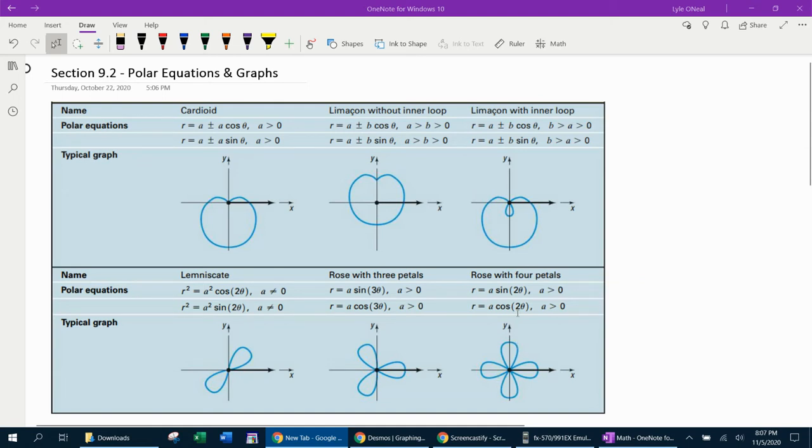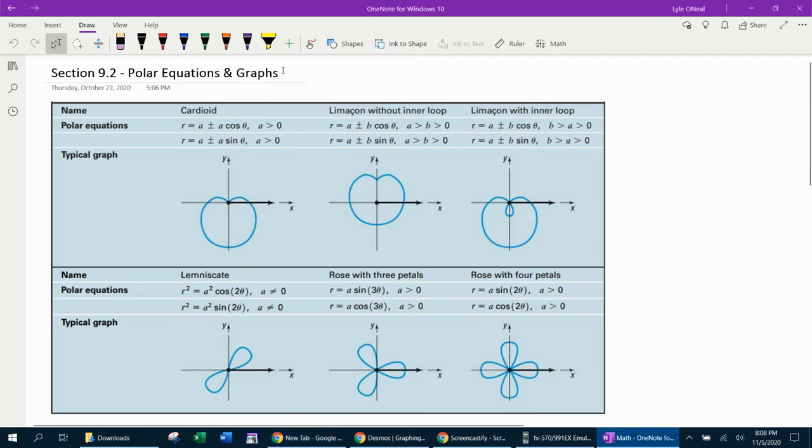So if this would have been 4 theta, then you would have 8 petals. Odd coefficient of theta, that's the number of petals. Even coefficient of theta, double it to get the number of petals. And that is way too much talking, okay? But that's me talking through every possible shape.